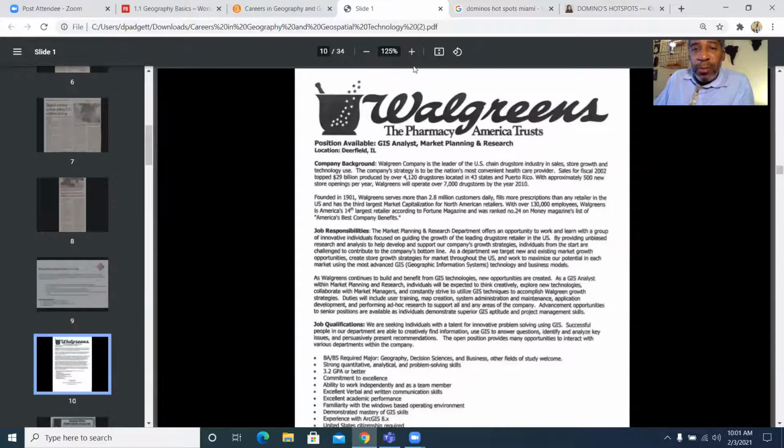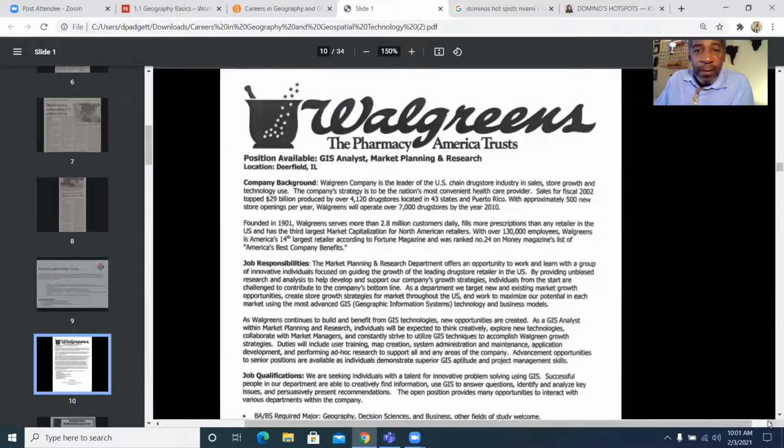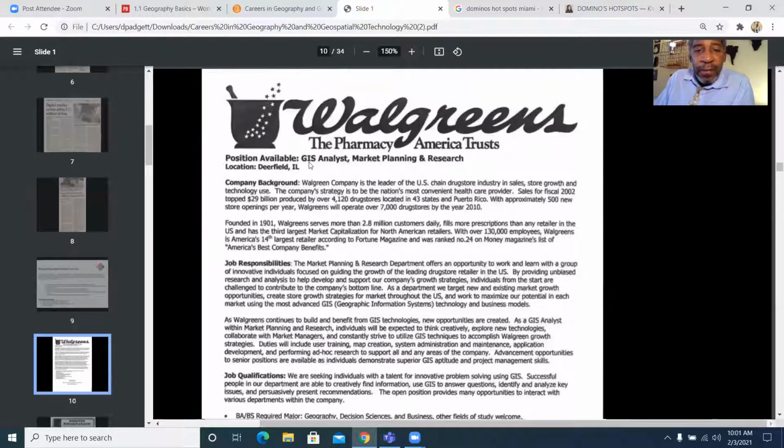Okay, here's Walgreens. I'm sure you've all heard of Walgreens, and you think, well, that's a pharmacy. Why would they hire a geographic information systems analyst? Well, one of the main tenets of business is location. I'm sure you've heard that business is all about location, location, location, which is very true. If you are planning on opening up a brick and mortar business, you have to know your market area.